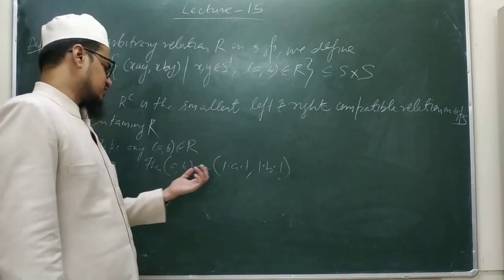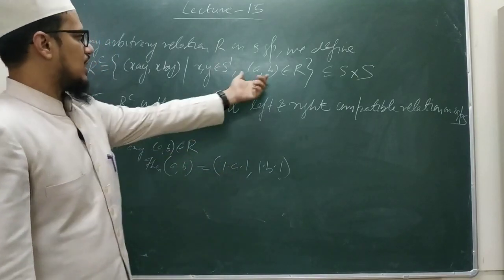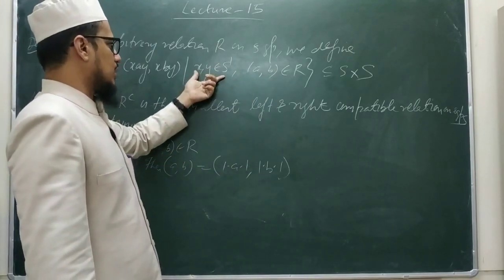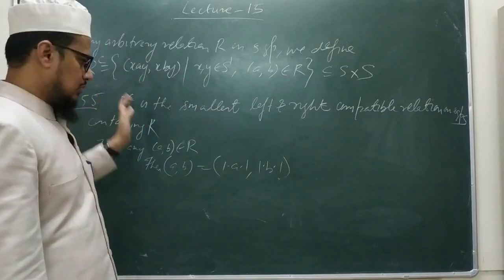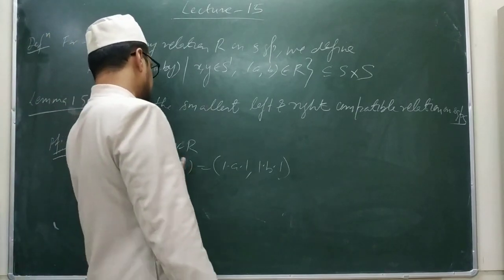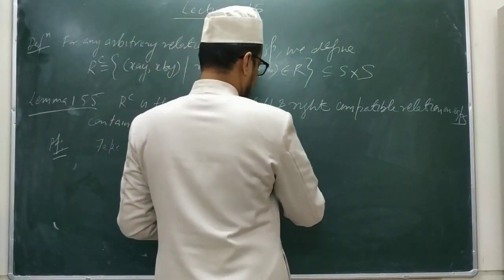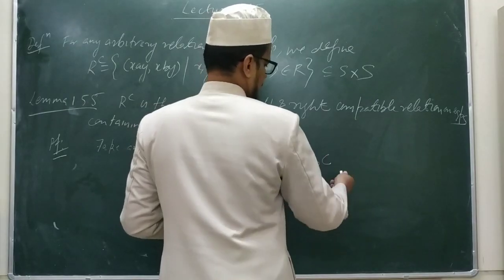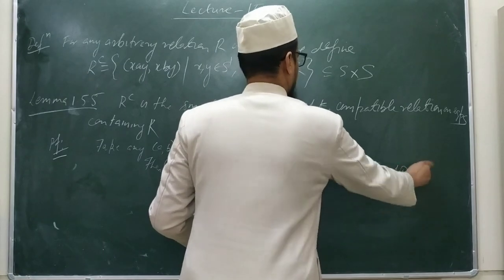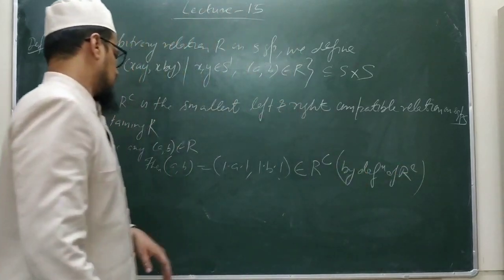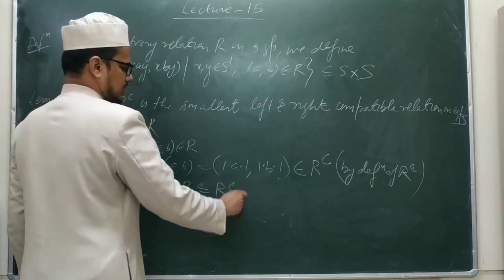Similarly 1·b·1 is b. So now you see when (a, b) is in R and x, y are in S^1, then (xay, xby) goes in R^C. So here, when (a, b) is in R, then (1·a·1, 1·b·1) will certainly go in R^C by definition of R^C. Correct? So it implies that R is contained in R^C.